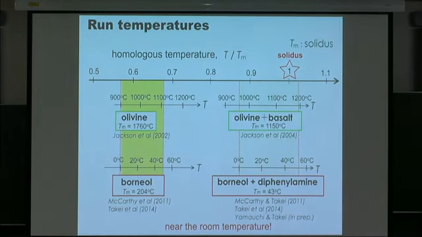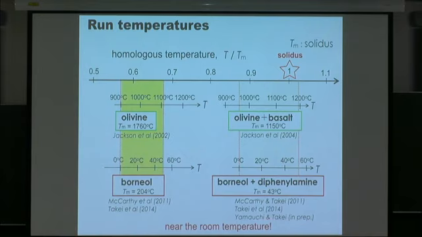And here, run temperatures of each sample are shown along the axis of homologous temperature normalized to the melting temperature or solidus of each sample. By using the analog material, high temperature property corresponding to 900 to 1200 degrees C of mantle rock can be measured near the room temperature.